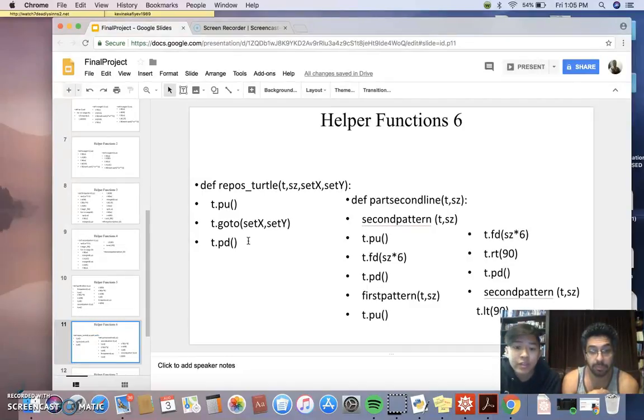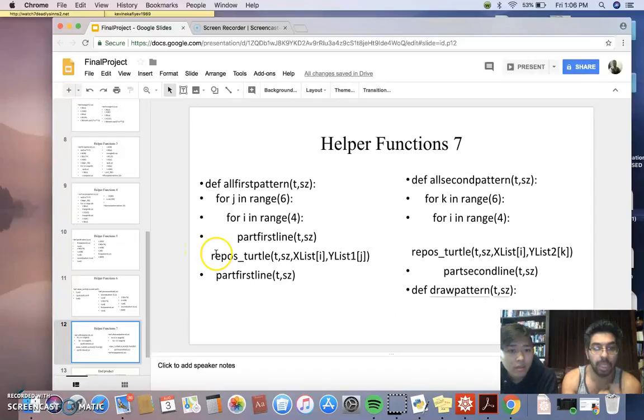But the next few pages here are the same things, just telling the turtle how to orient each pattern into columns and rows, and on which axes they're supposed to be on. Pretty much just reiterating the last few slides here, talking about the second pattern and first pattern going back and forth.